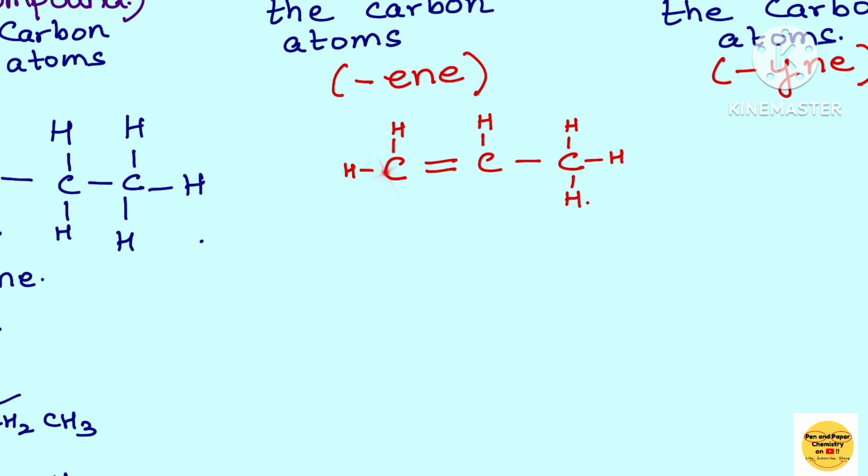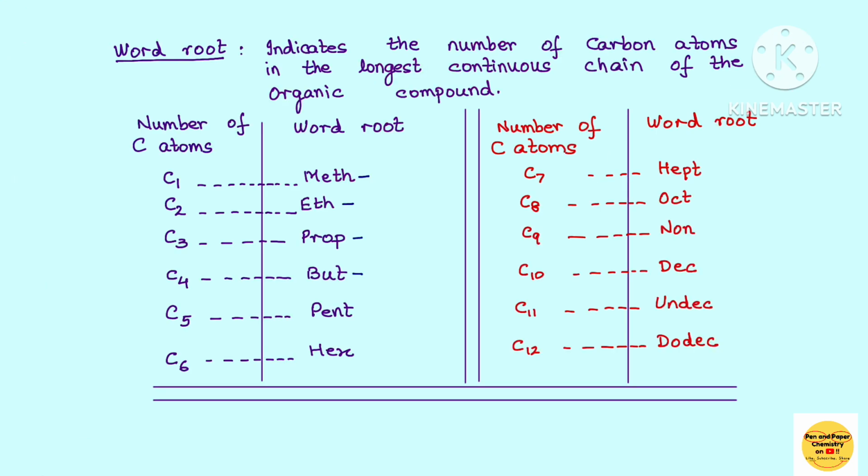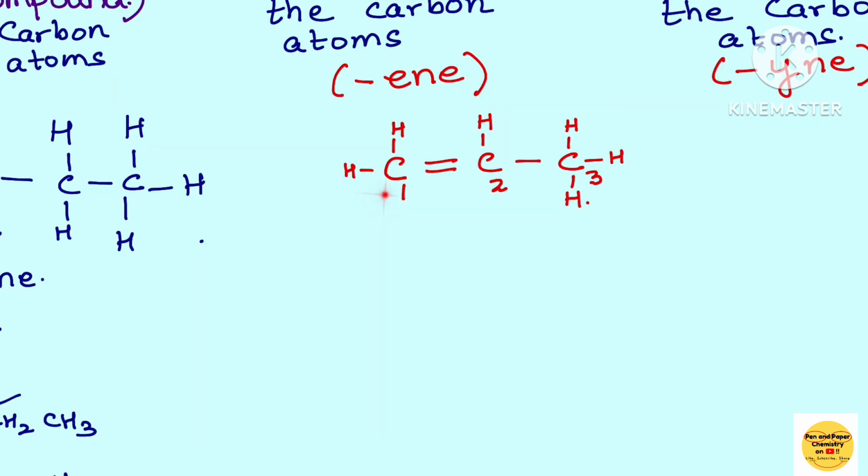So now try naming this compound. See how many carbon atoms are there? 1, 2 and 3. So what will be the word root? 3 carbon atoms. Look carefully. 3 carbon atoms. Prop. Right? So prop.